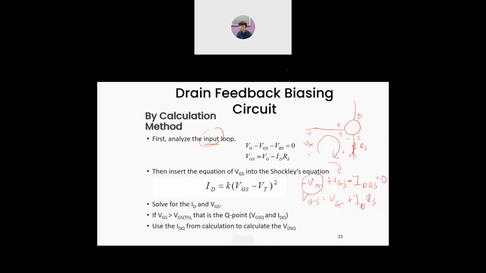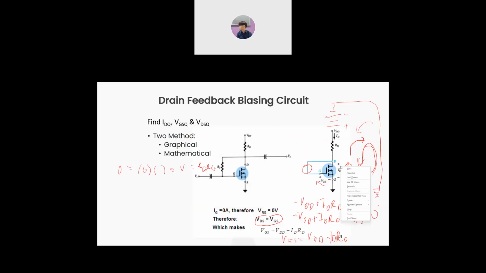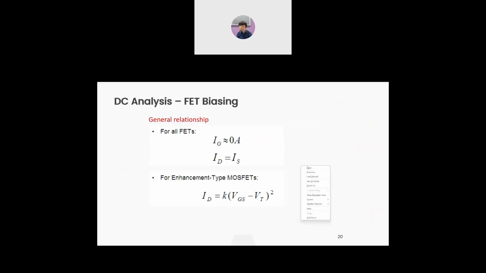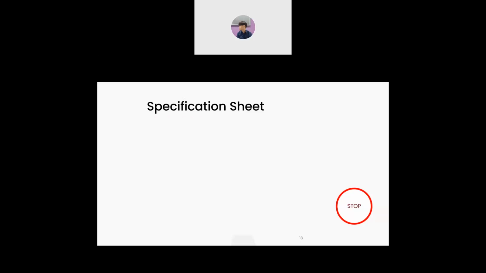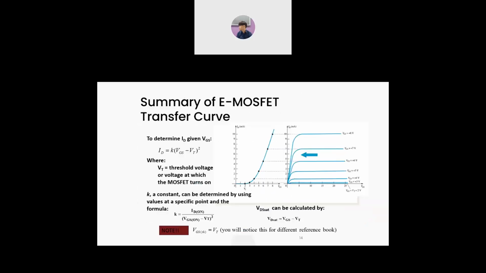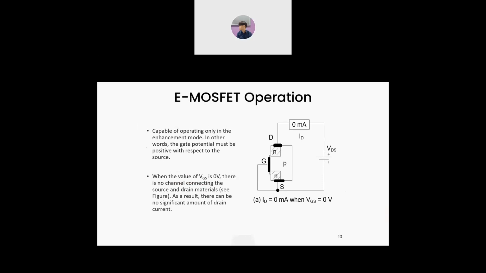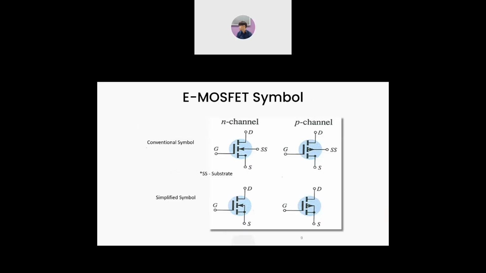If you see the previous slide, for the P channel and N channel, you have the N channel where the arrow is going in, and the channel where the arrow is going up.